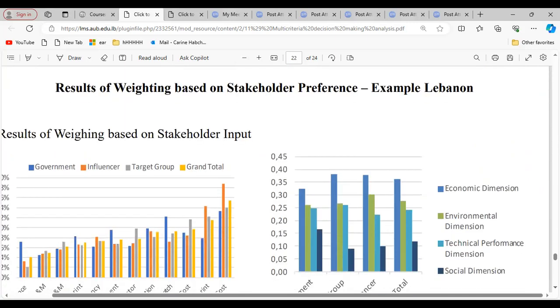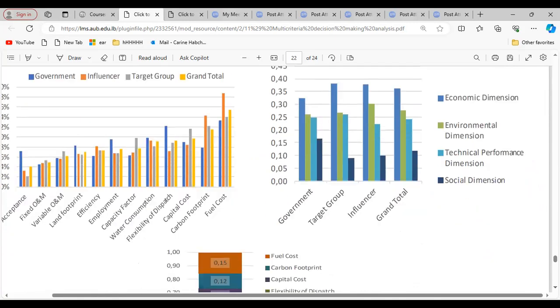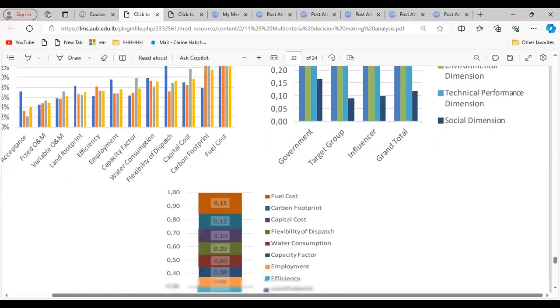So for example, if we take the results of weighting based on stakeholder preference example in Lebanon, we can see the different impacts given for different factors. So in any project you do, you should perform analysis of all economic, environmental, technical, social factors, determine their weights in order to be able to put them in the decision matrix and come up with an overall conclusion.